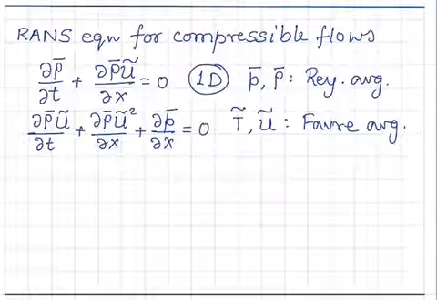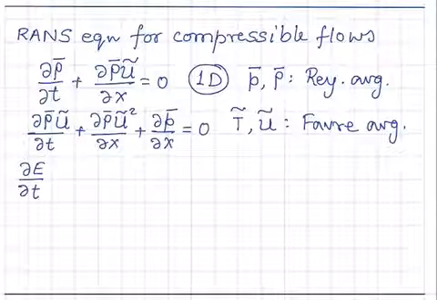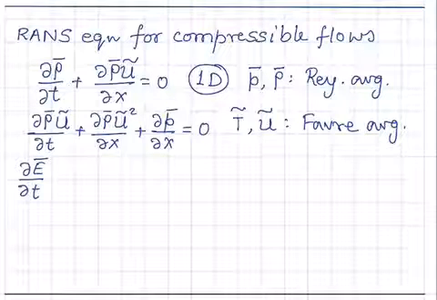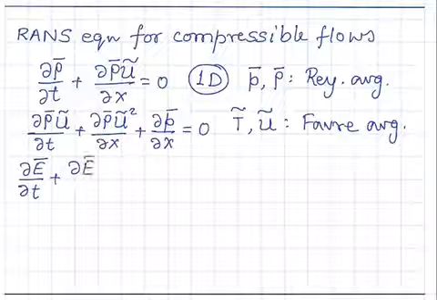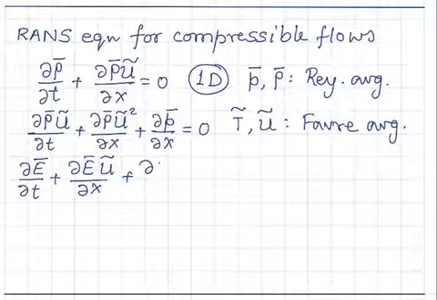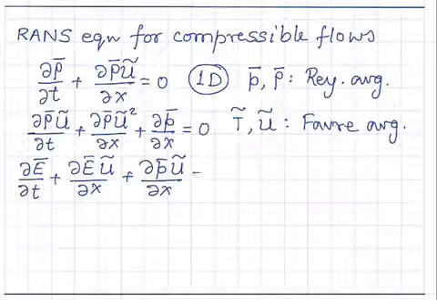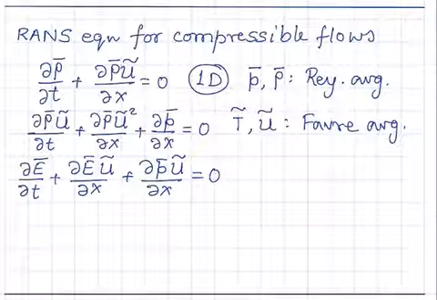The next equation is for energy, and it has dE dt. E is with a bar, the total energy but time averaged, a mean quantity, plus d of E bar U tilde dx, plus the pressure term P bar U tilde dx, and I'm going to put it equal to 0, leaving out the viscous terms.